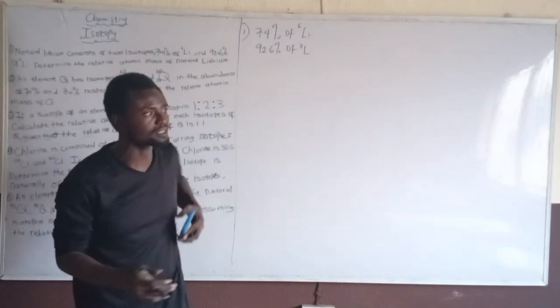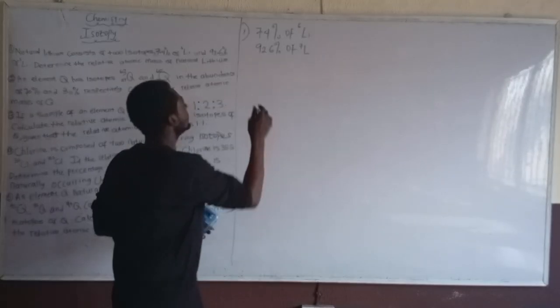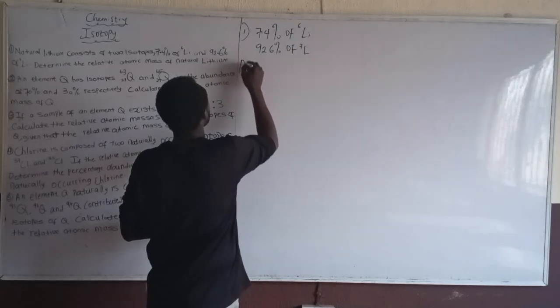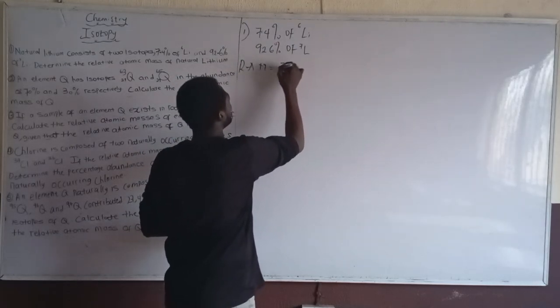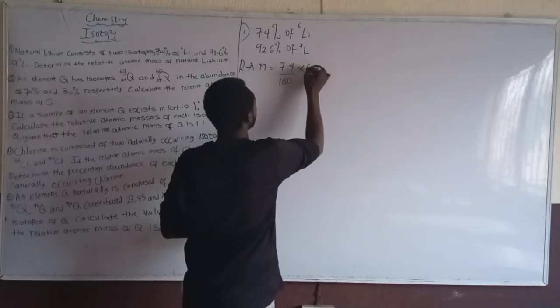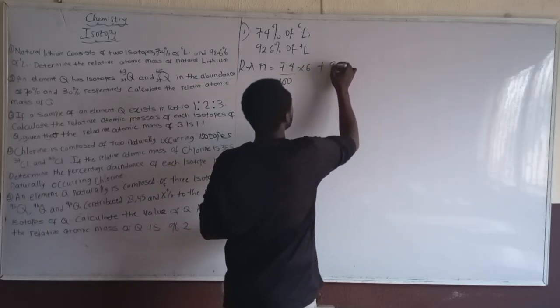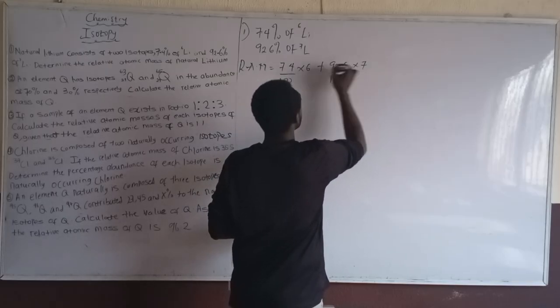Now how do you calculate this? It is simply: relative atomic mass is 7.4 divided by 100 times 6, plus 92.6 divided by 100 times 7.